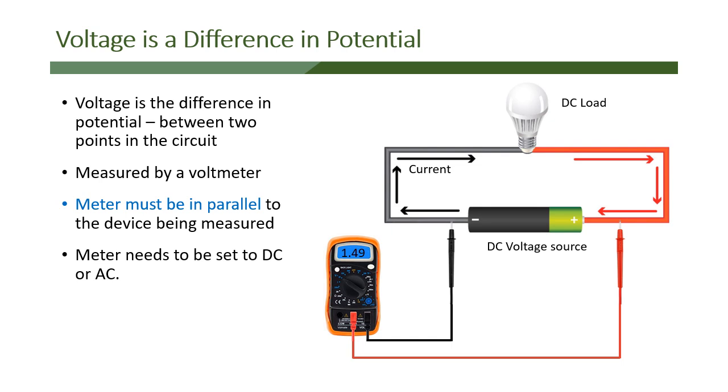So we set the dial for what we're going to measure, in this case DC volts, and we put it across the battery and we get 1.49 volts. Again, we measure voltage in parallel to the device we're measuring. If we're measuring AC voltage, we have to make sure we're on the AC voltage setting of the meter, and for DC measurement, we're on the DC side of the meter.